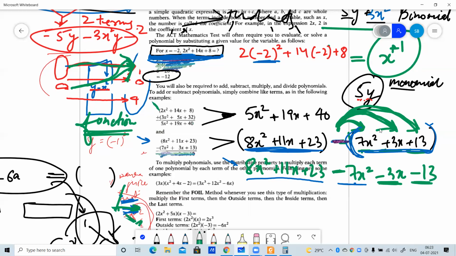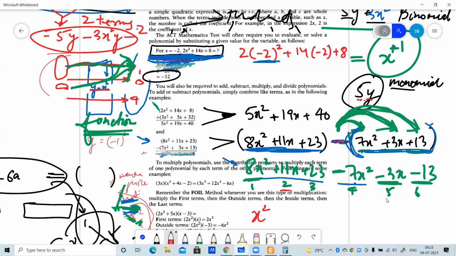Right. And then I can combine the like terms. I will see out of these 6 terms, this is 1, this is 2, this is 3, this is 4, this is 5, this is 6. Out of these 6 terms, which ones are like? So I'm getting first and the fourth term is like, because they both have the same variable and the power on the variable is the same. So 8x squared minus 7x squared will be 1x squared, that is x squared. And then I will see again any like terms.